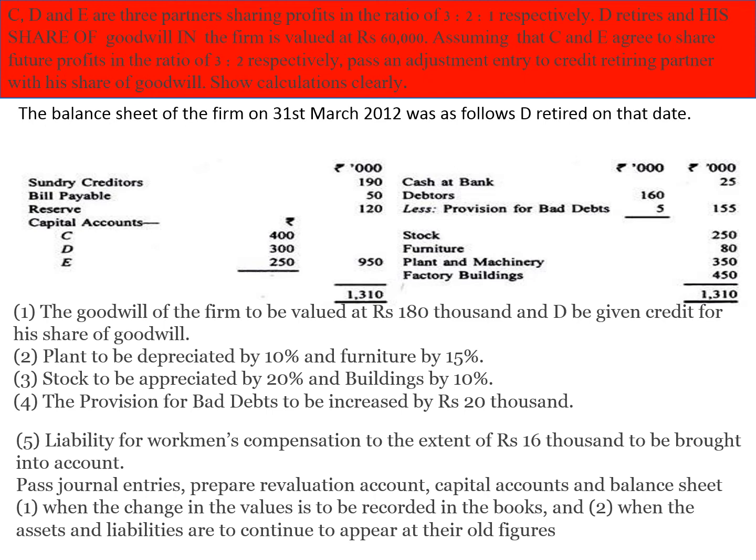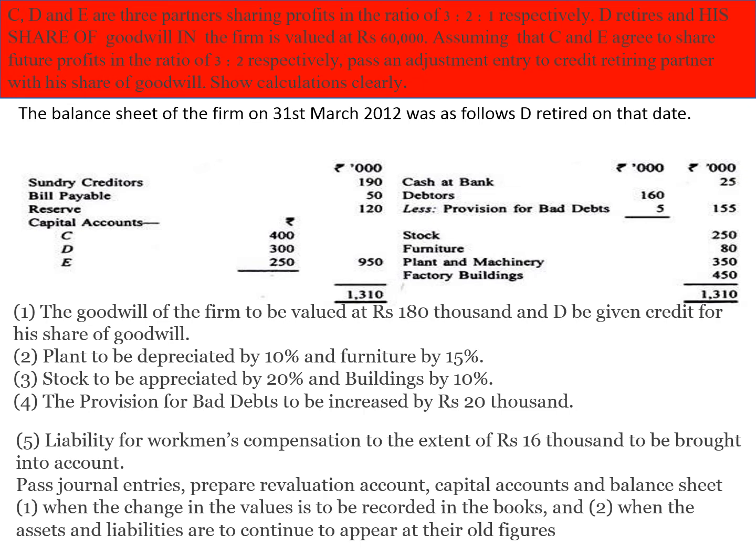And so we will have one more entry here, that is C's capital account debit, E's capital account debit, to memorandum revaluation account, that is 12,000, 7,200, 4,800. Also we have the reverse entries for decrease in assets and decrease in liabilities.